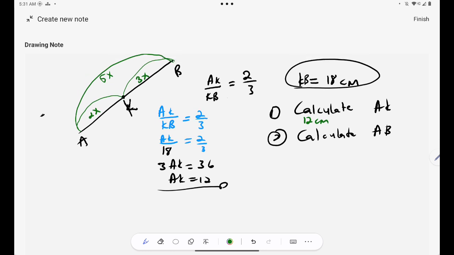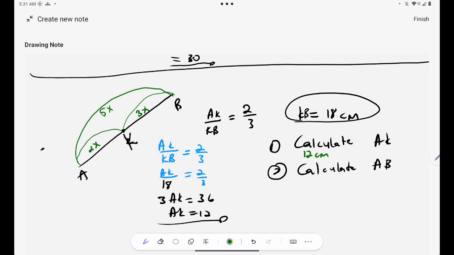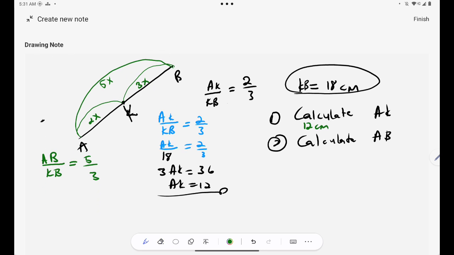So I can say that AB over KB is equal to 5x divided by 3x. But please note, I don't have to write the x's, because they will cancel one another. The length of AB, I don't know it. KB was given to me.